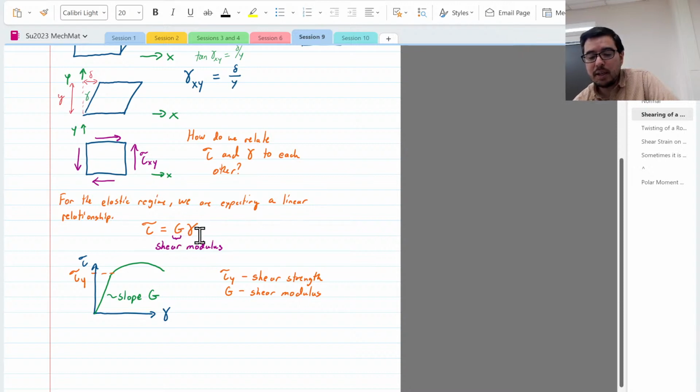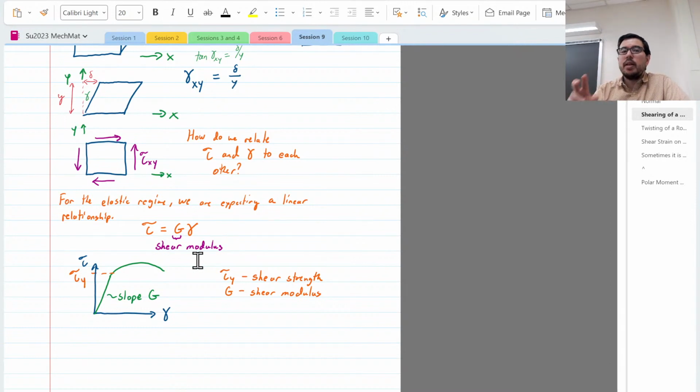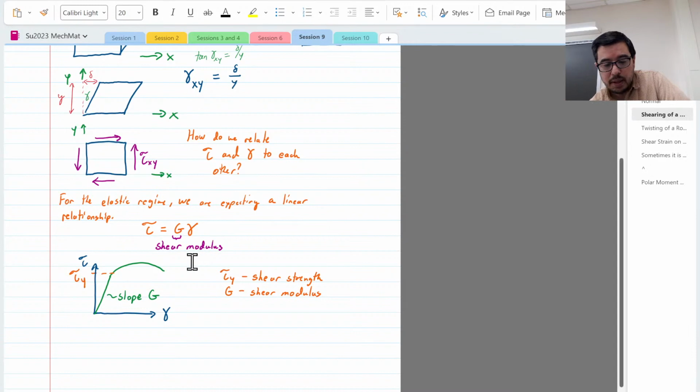So G is what we call the shear modulus, and it is related with a linear expression, actually. It's proportional to the elastic modulus, and you'll see an expression for that where that factor is dependent on the elastic modulus and the Poisson ratio.